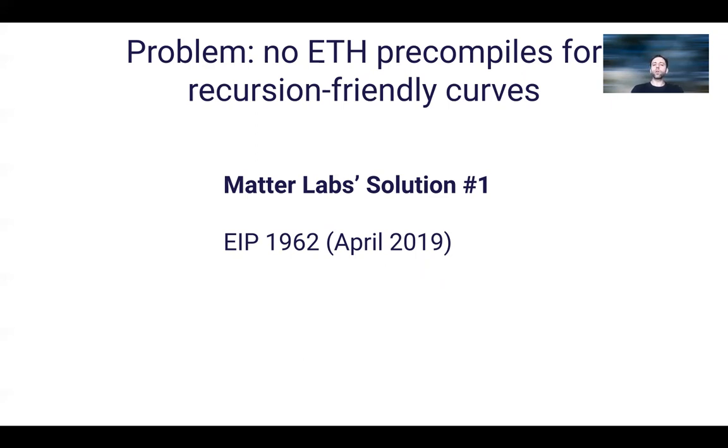So our first solution to this, two years ago, was to come up with EIP 1962. We implemented it at Matter Labs; we produced two different independent implementations, one in Rust, one in C++. We did a lot of testing, fuzzy testing, and a lot of discussions with ETH core devs.